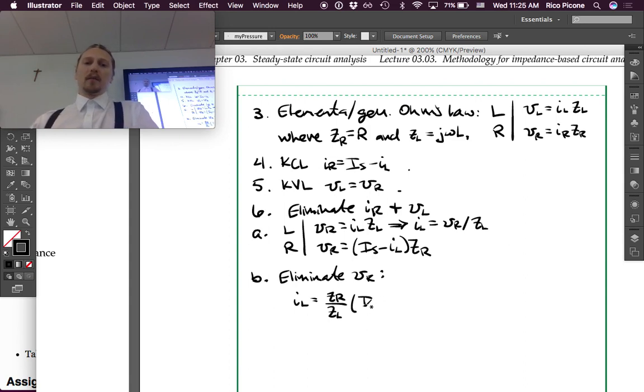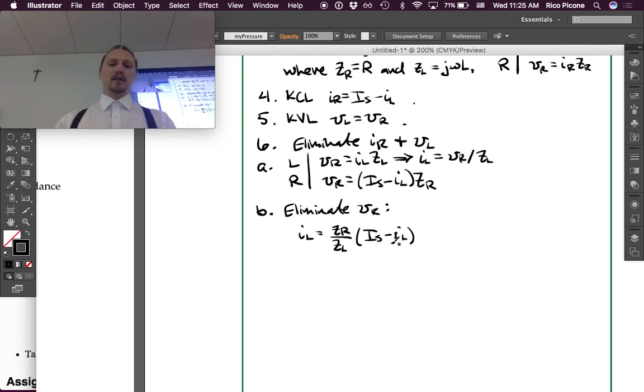All that is going to be multiplied by IS minus IL. And now we have only IL and IS. IS is an input, so we're good to go.